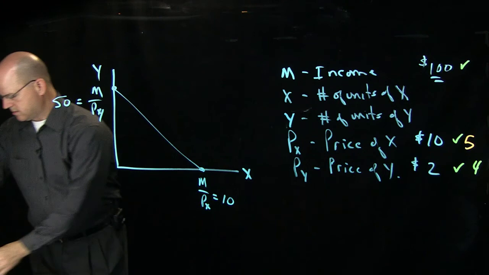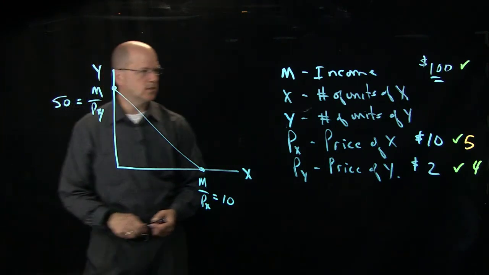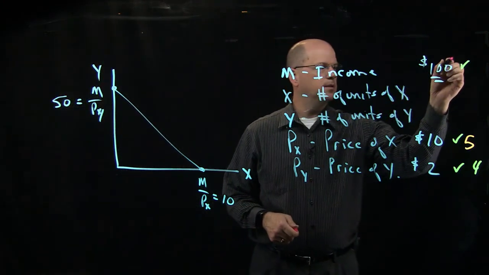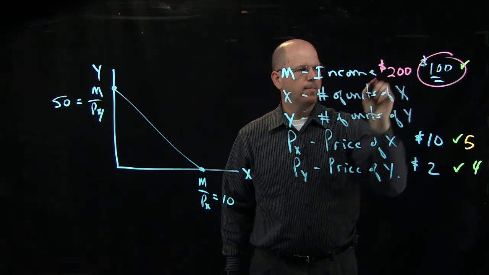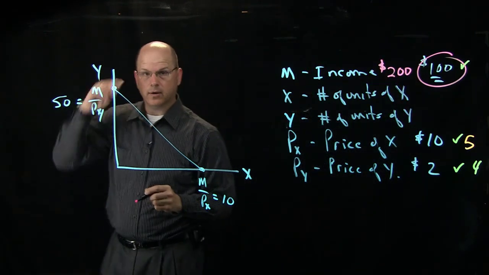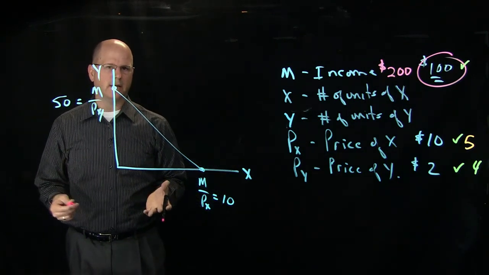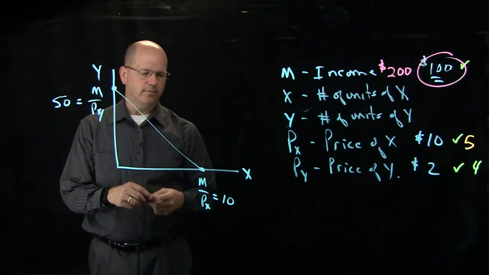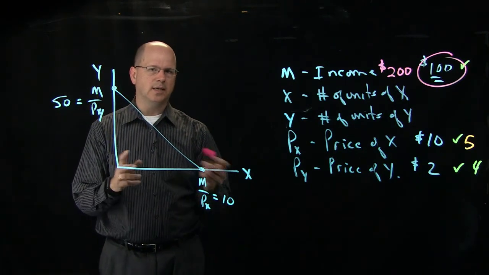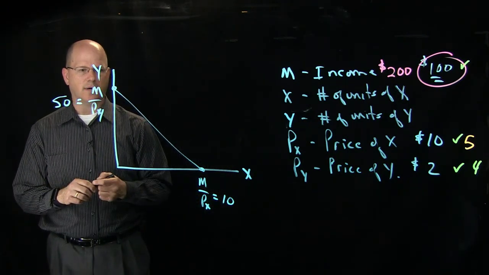Now, the last change let's look at. What happens when income changes? Let's say that income now goes to $200 instead of $100. So on this graph, do these endpoints change and does the slope change? That's the key question.